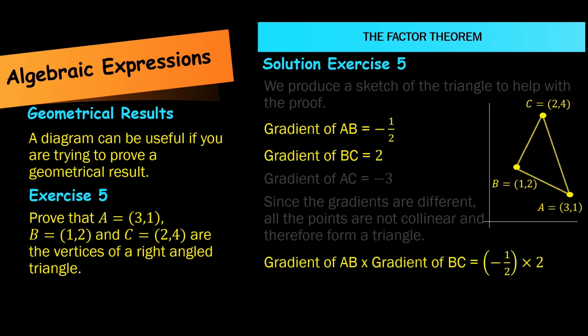Notice that the gradient of AB times the gradient of BC is equal to minus half times 2, which is equal to minus 1. Why do you think this minus 1 is special? Recall that when we want to prove that two lines are perpendicular to one another, we're required to prove that their gradients multiply together to give minus 1.